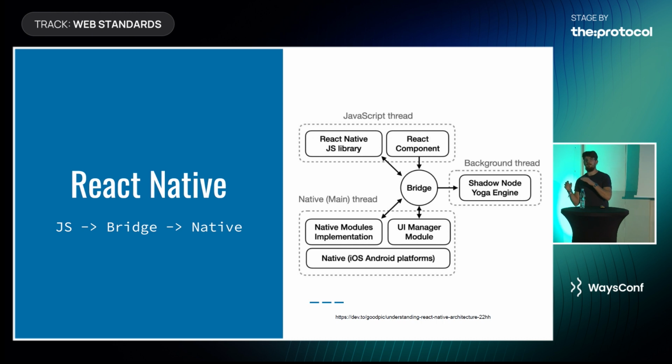Because when you are writing a React Native mobile application, you're actually writing JavaScript. And this JavaScript then talks to some middle layer, we call it the bridge, and this bridge then talks to the native frameworks of either iOS or Android. So there is this bridge, and we lose precious milliseconds on every interaction.